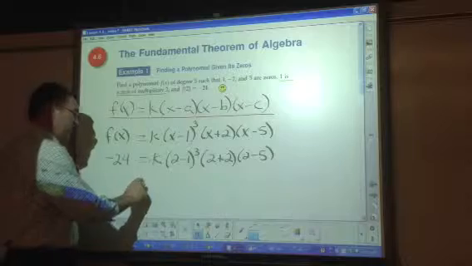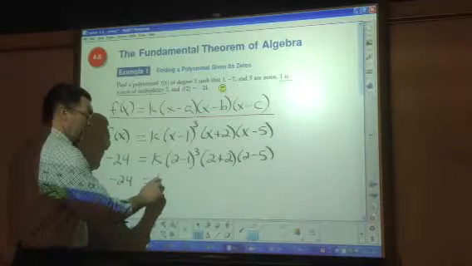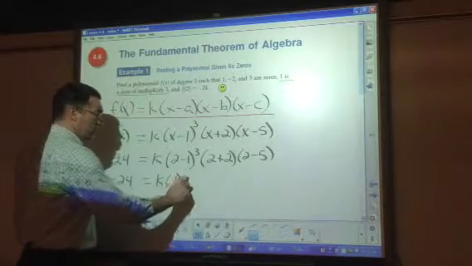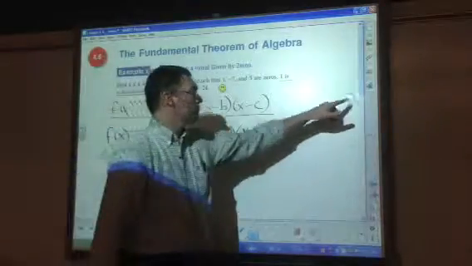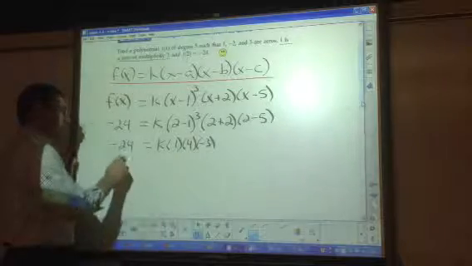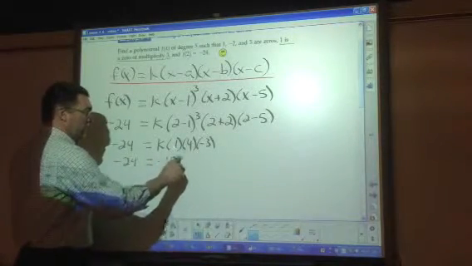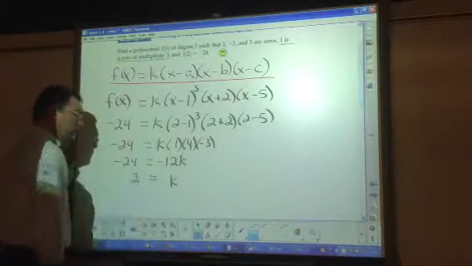So when I solve this, we get negative 24 equals k times, let's see, this is 1 cubed is 1, times 4 times negative 3. So negative 24 is equal to negative 12k. So when I divide, we get k equals 2.